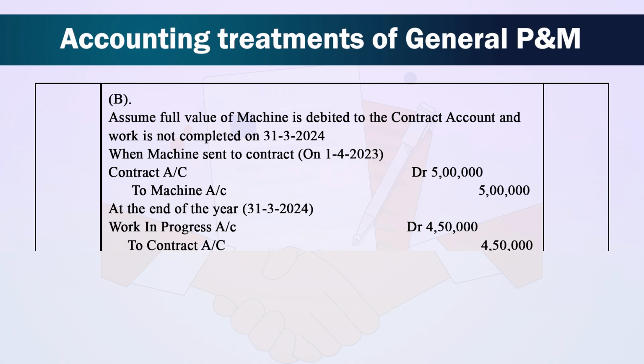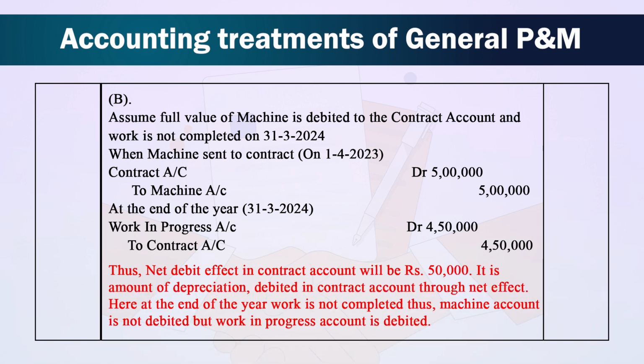At the end of the year, that is 31st March 2024, the entry is work in progress account debit rupees 4,50,000 to contract account rupees 4,50,000. Thus, the net debit effect in the contract account will be rupees 50,000. It is the amount of depreciation debited in the contract account through net effect. Here, at the end of the year, work is not completed. Thus, the machine account is not debited, but the work in progress account is debited.